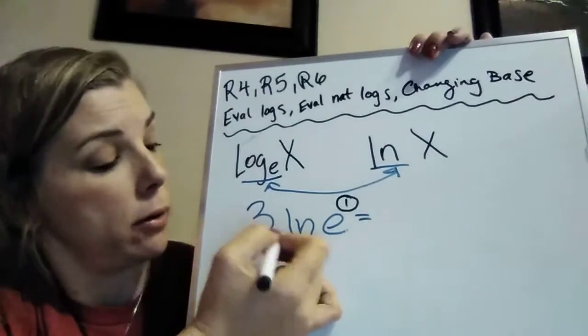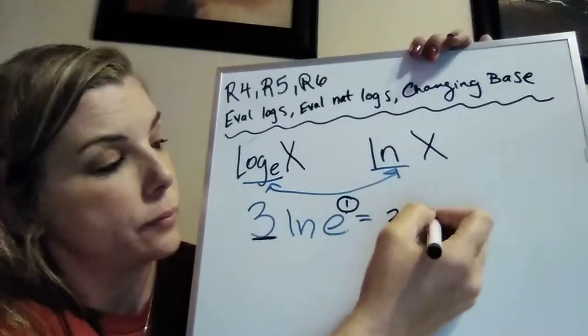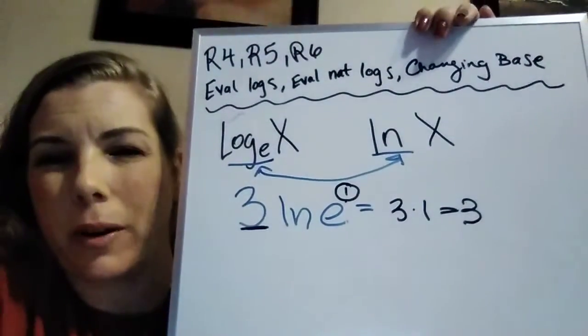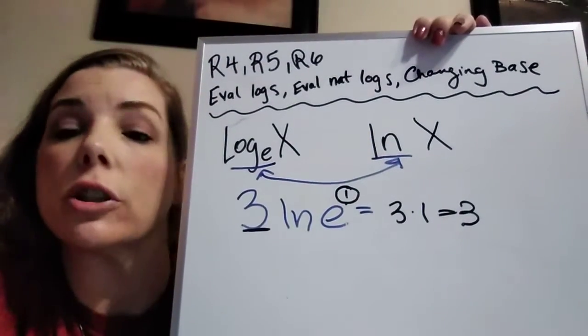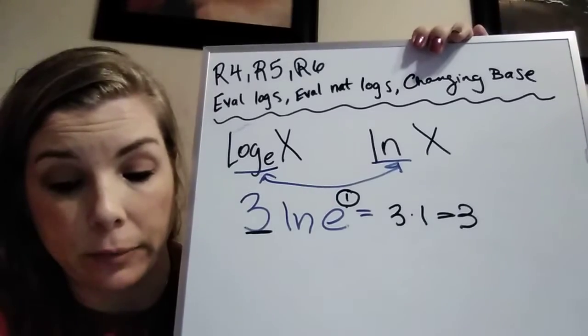So all you have to do now is do 3 times that 1. Okay, so all you're doing is moving things around, and this is simple multiplication, but you just need to know which ones to multiply.